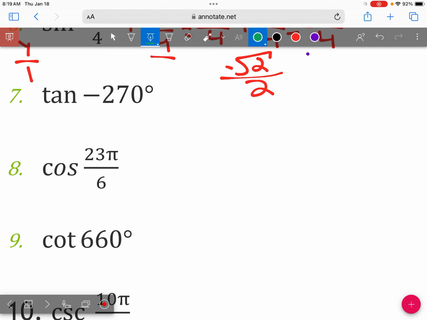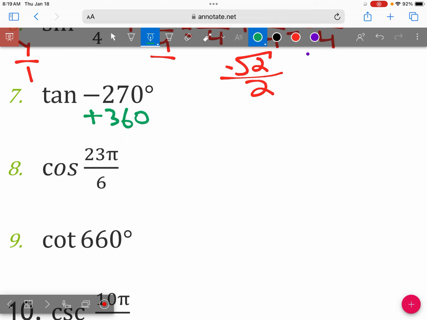Switch to green. So now we have tangent of negative 270 degrees. So in degrees, what did we say that we had to add? 360, right? Because negative 270 isn't between 0 and positive 360. So if we're adding 360, technically when we write it out, it would be negative 270 plus 360.